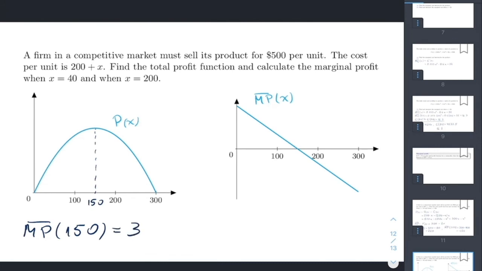So remember, this was 300 minus 2 times 150, and this is equal to 0. So this will be around here. And this is no accident, and this will be the topic of next week, which is trying to maximize and finding maximums and minimums of functions.